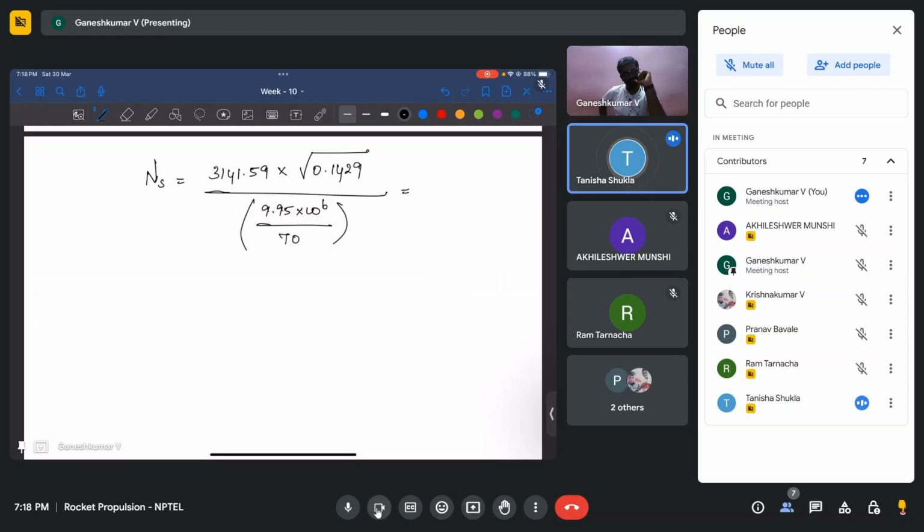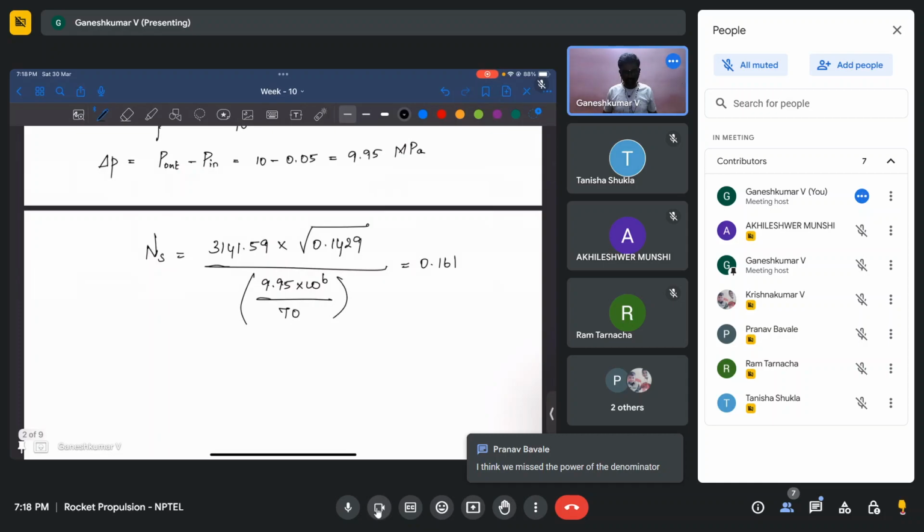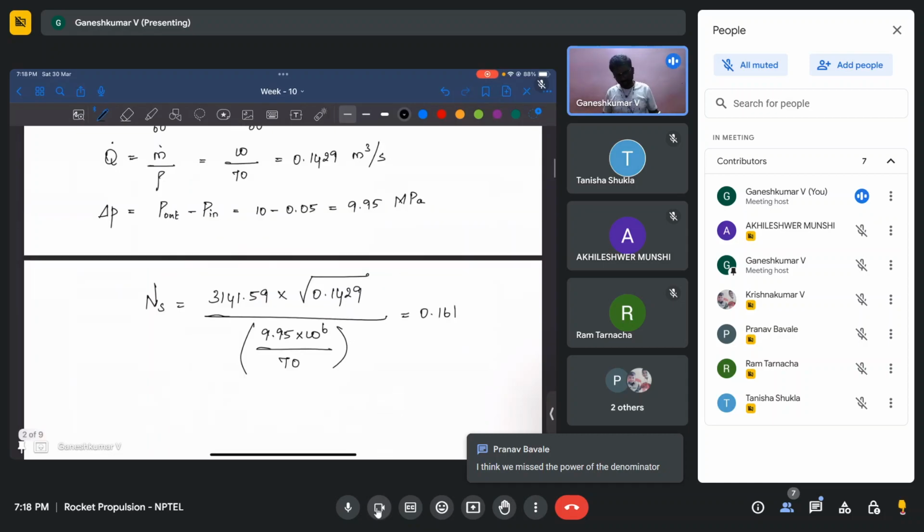0.161. One minute. Could you repeat, Tanisha? Was it 8? 0.161. Okay. So does that have a unit? Oh, we missed the power in the denominator.